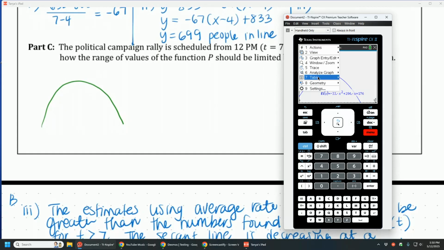So I'm going to do graph trace and show you. So when you're on something important, a little yellow flag will come up. So there's my y-intercept, 176 people.